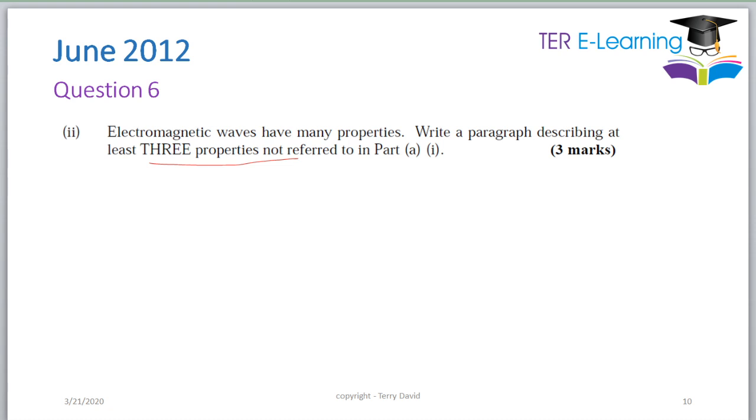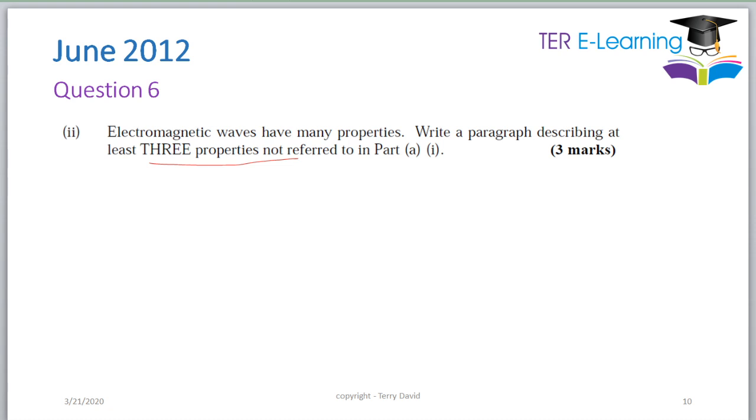They obey the wave formula. That's true. Tyree and John are saying they're transverse waves.